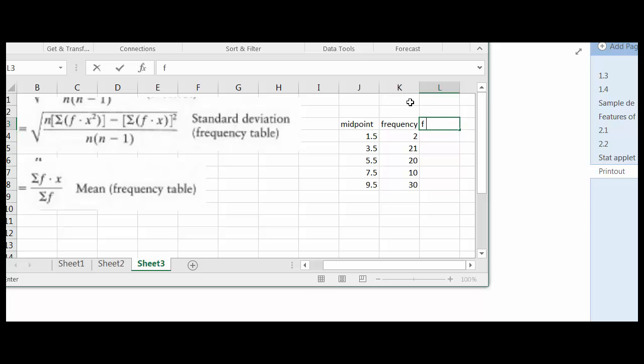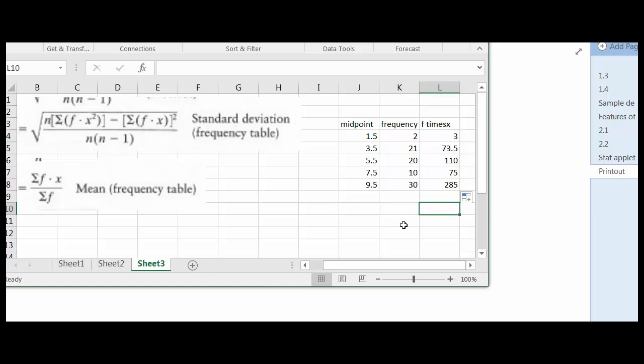So this is f times x. I'm just going to multiply these two numbers together. And the nice part about Excel is since I clicked on the cells rather than typing the numbers in, I can drag the values down and it will do all those other calculations for me.